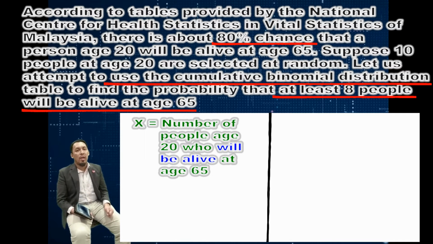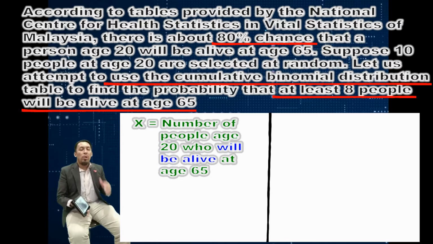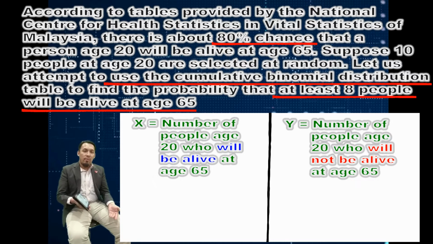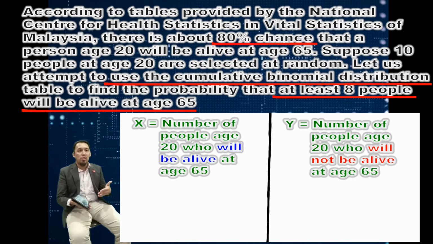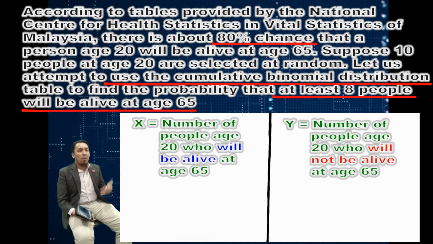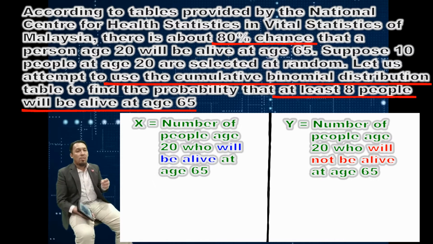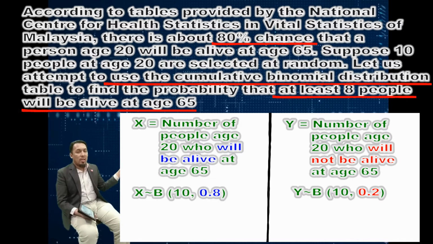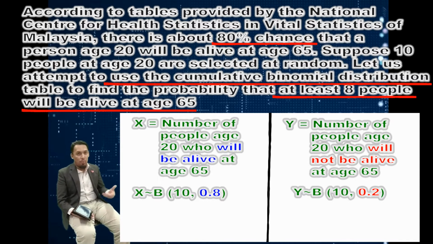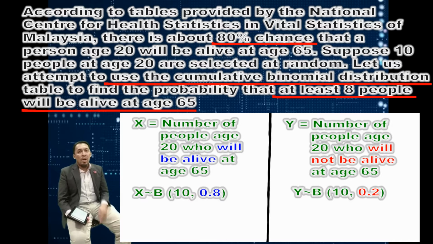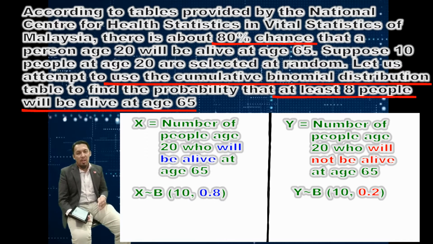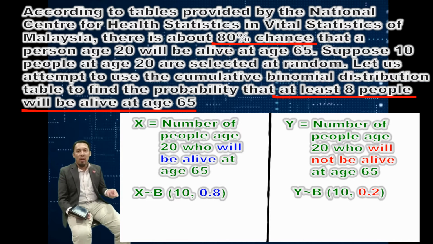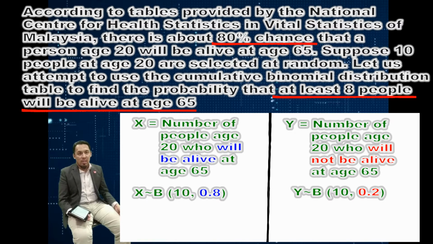Instead of looking at those who are alive, we look at those who are not alive, which will change the p, or the success rate. Instead of 0.8, we look at 0.2, which is available in the table. However, it is not that simple. You can't just flip the coin. You will need to change everything.